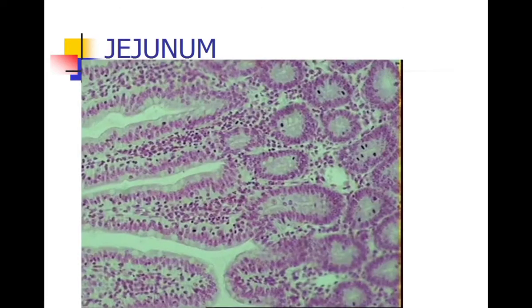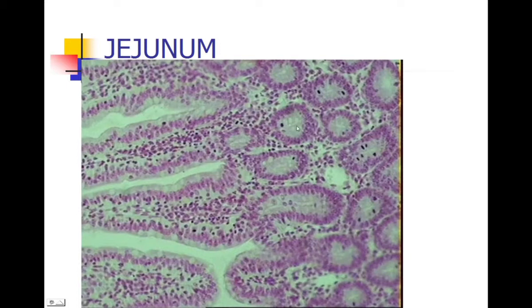Then this is the jejunum. In the jejunum we can see this is just the mucosa. I have shown the mucosa because there is nothing in the submucosa. Submucosa is a normal broader zone of connective tissue, but you can see here in the jejunum very long finger like projections. These are the villi of the jejunum.